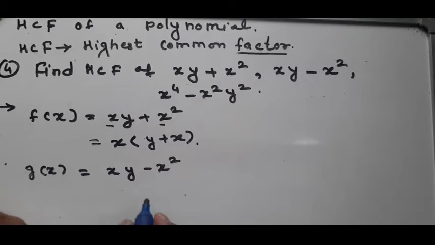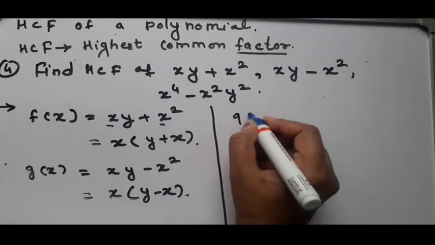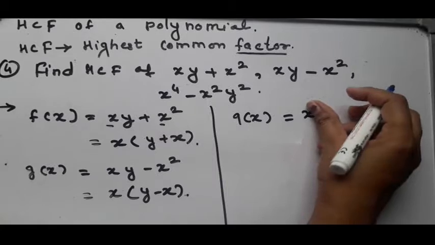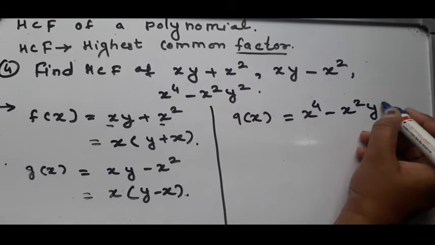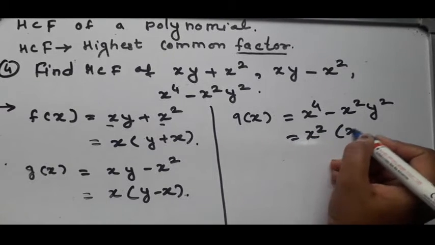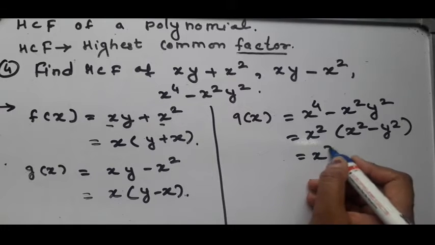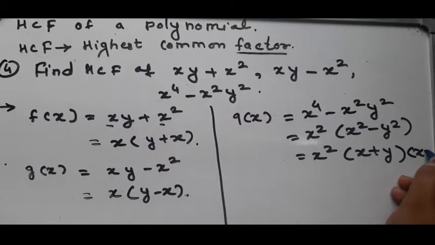So what you can take common from them, that is x bracket y minus x, and q of x equal to x raised to 4 minus x square y square. x square you can take common, you will get x square minus y square equal to x square in one bracket, x plus y into x minus y.